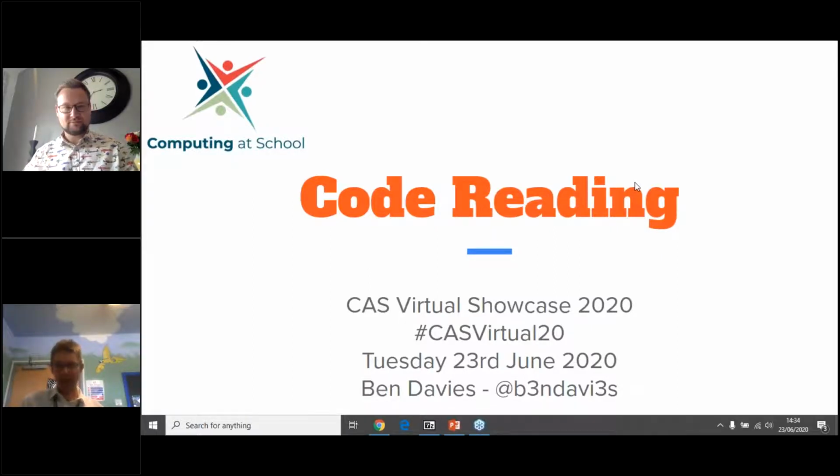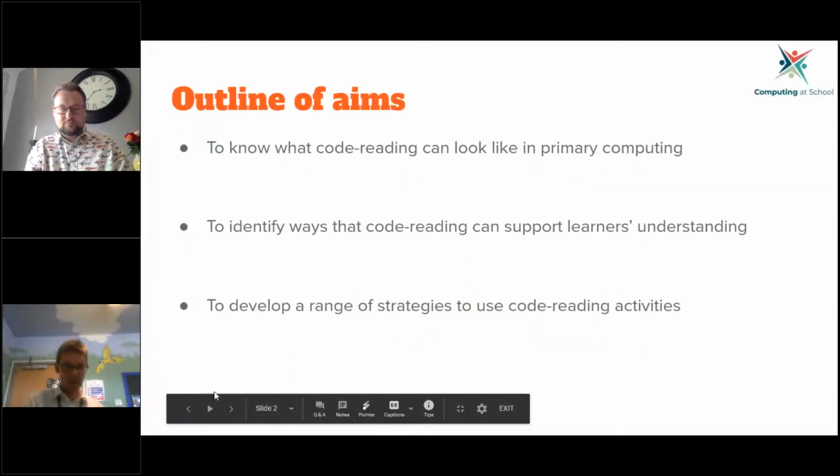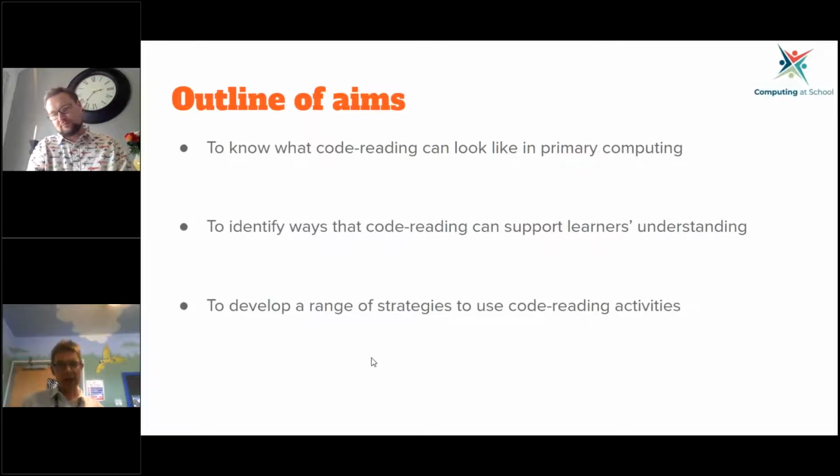The session that we're looking at today is code reading in primary schools. What we're going to look at is, I'll read these bits out to you, and then the rest of the presentation will form a backbone for me to talk around.